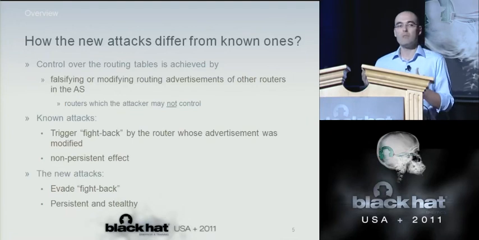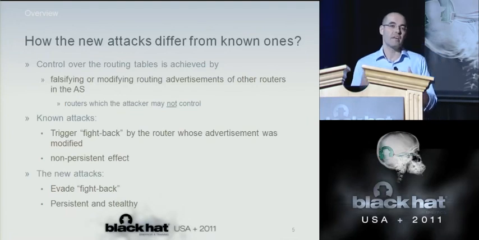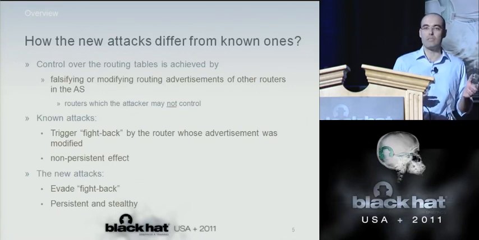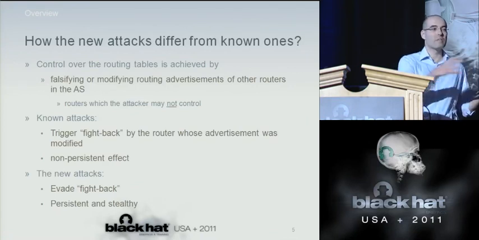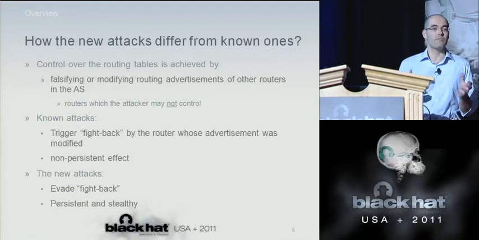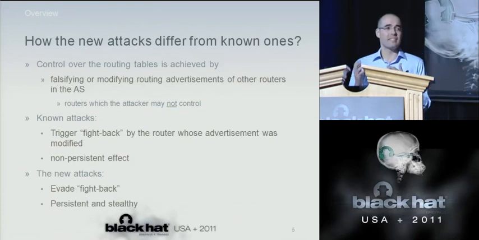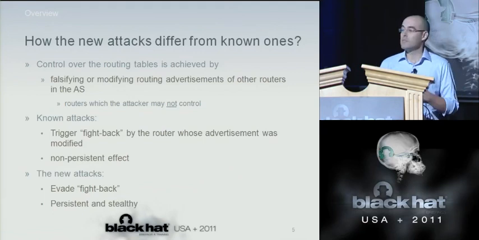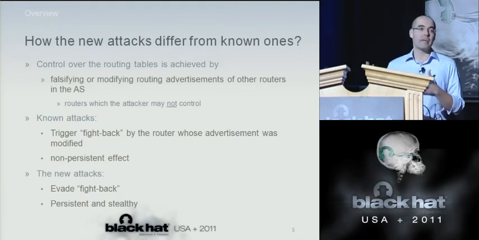This can be done by falsifying the routing advertisements of other routers in the autonomous system, which are used to compile the view of the topology. Known attacks that attempted to do this usually triggered the fightback mechanism of OSPF.